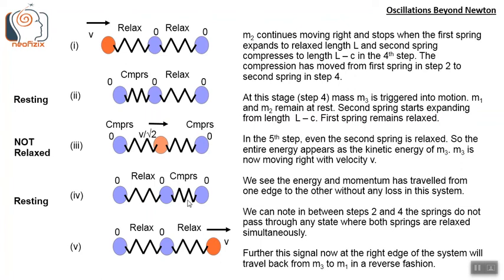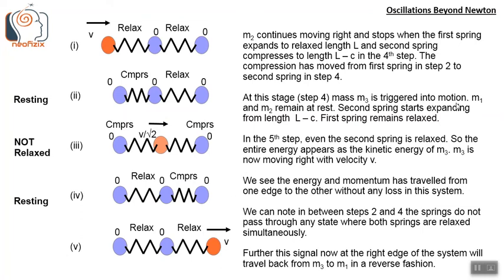So at this stage in step 4, mass M3 is triggered into motion. M2 comes to a stop. It compresses the spring ahead of it, this second spring. The first spring is relaxed, the second spring is compressed, and the second mass comes to rest, triggering the third mass, M3, into motion. So M1 and M2 remain at rest.